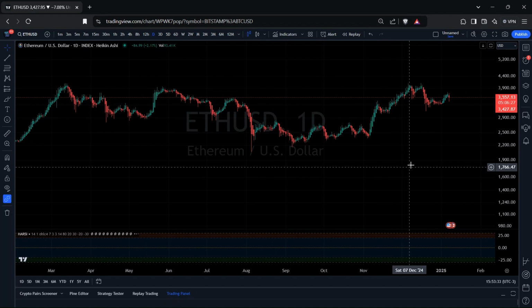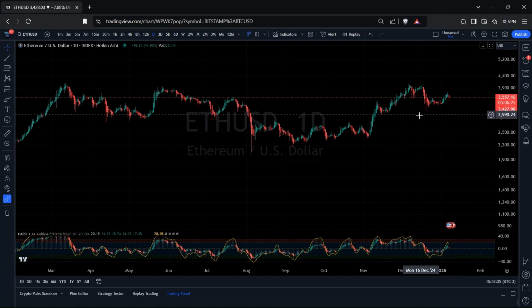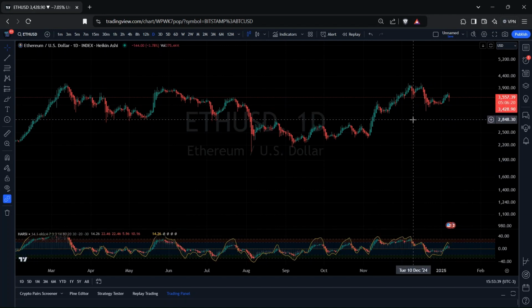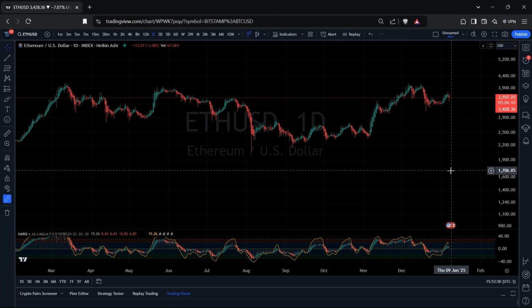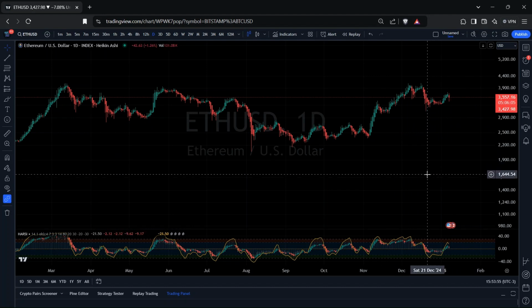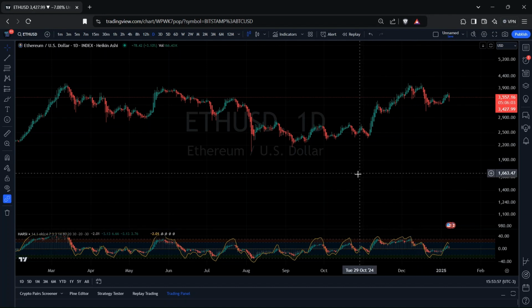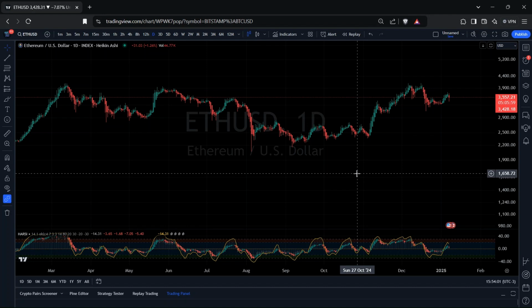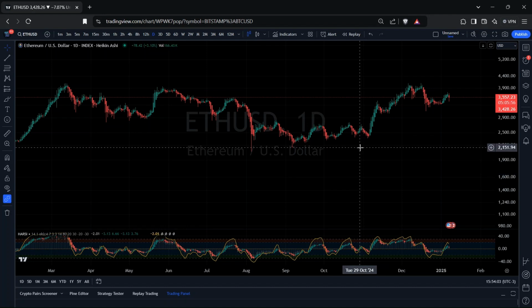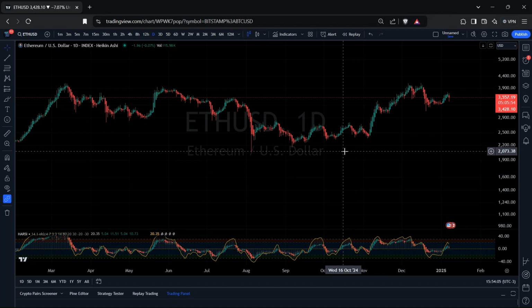And you'll see that it reduces the noise drastically. You can quickly see if the market is going up or down without getting confused by small choppy moves. I like to use them when you want a clearer view of the trend, especially if you are a swing or position trader looking to stay in trades for longer and avoid being shaken out by minor fluctuations.